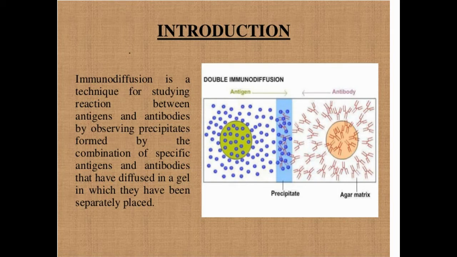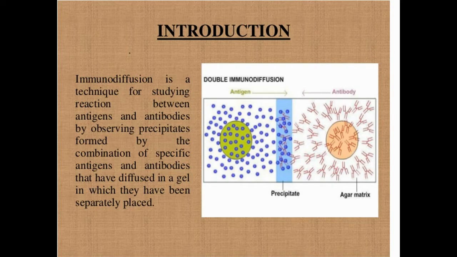It shows the combination of antigens and antibody in a particular medium, and that medium is nothing but gel. If that antigen and antibody go for reaction, they will go for precipitation. They will be placed separately over there.